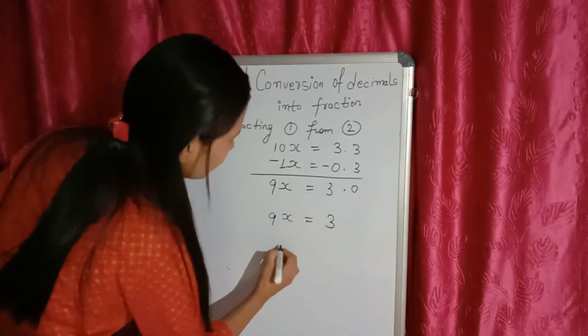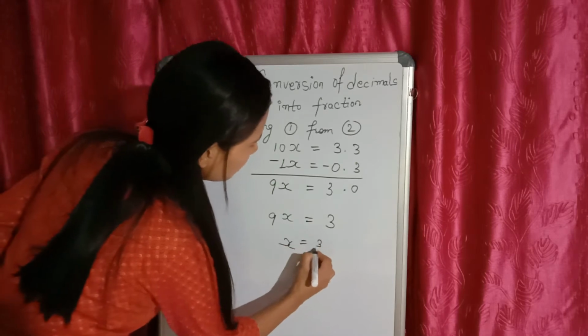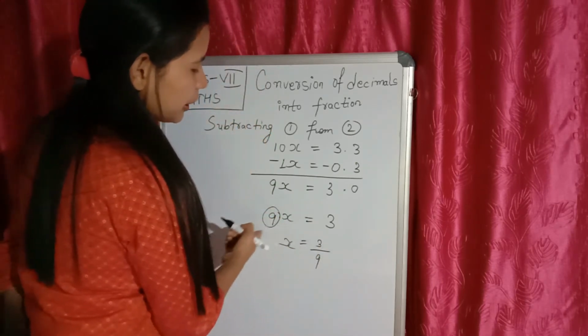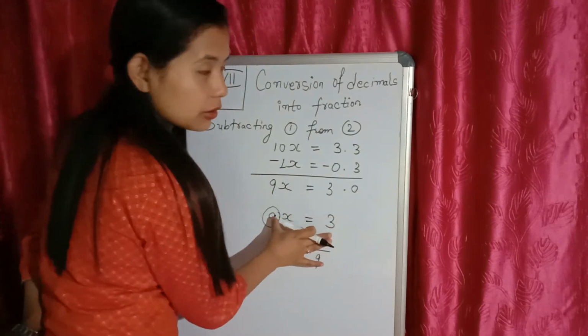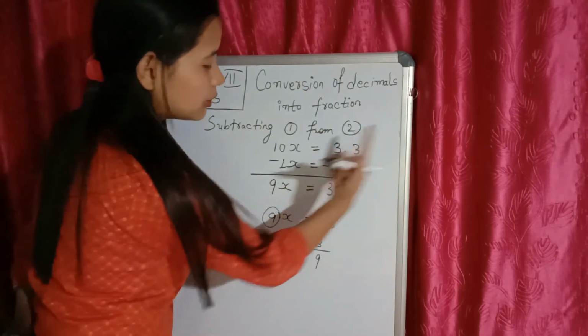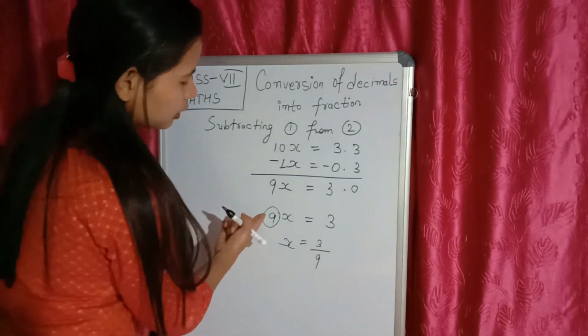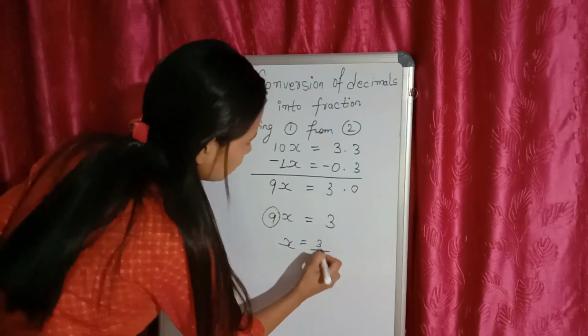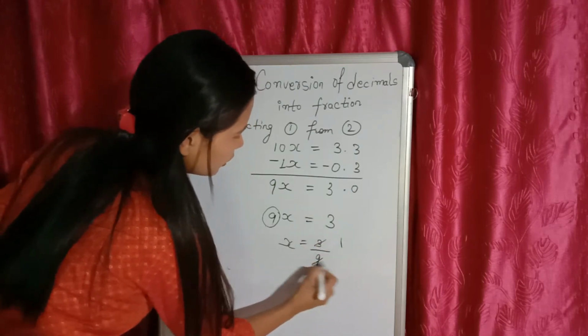Okay. So from here, x will be equal to 3 by 9. Why? Because this 9 is in multiplication on the left hand side of this equation. So when we take this 9 towards the right hand side, we convert this multiplication to division. Let us convert this into simplest form. 3 1s are 3, 3 3s are 9.